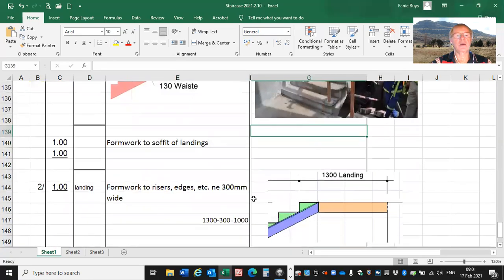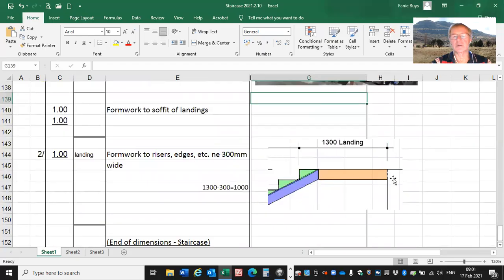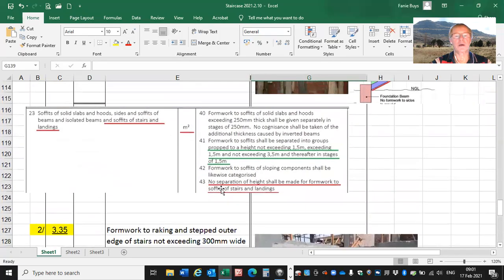And then the next item is the formwork to the soffit of the landing, that part over there. And it is simply formwork to soffits and landings. Remember once again, for that one, no separation of height shall be made for formwork to soffits of stairs and landings.